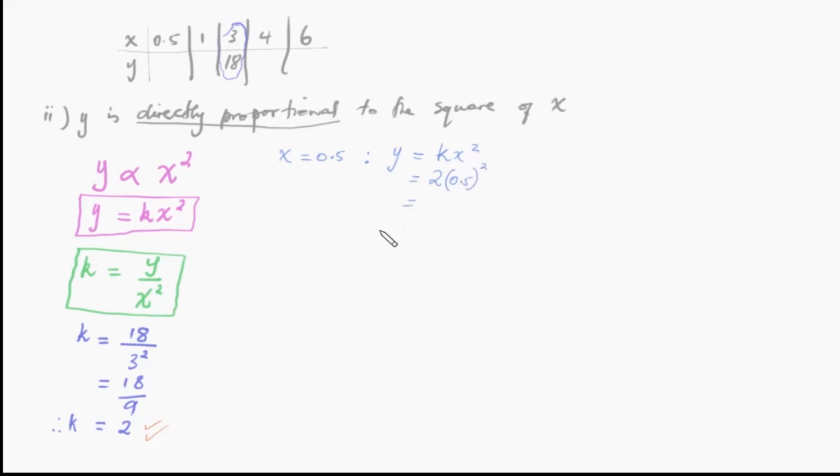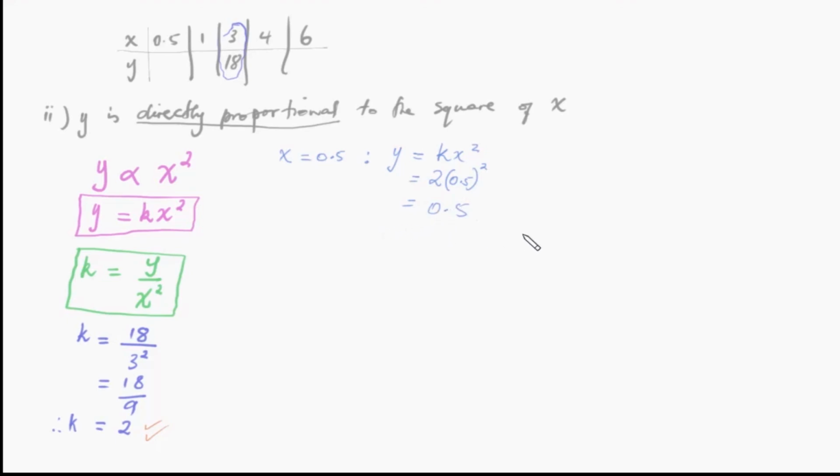It will be 0.25, okay? 0.25 multiplied by 2. We get 0.5.